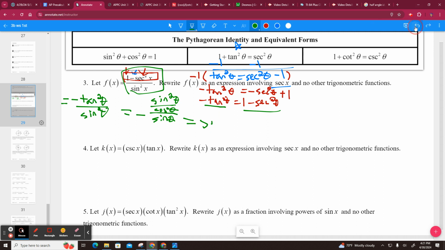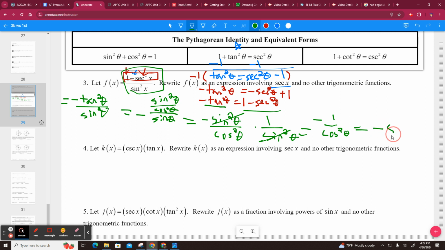I forgot my negative out front. So negative, and then my numerator is sine squared theta over cosine squared theta times 1 over sine squared theta. These will cancel out when I multiply them together, so I have negative 1 over cosine squared theta. And 1 over cosine squared is just secant, so negative secant squared theta.